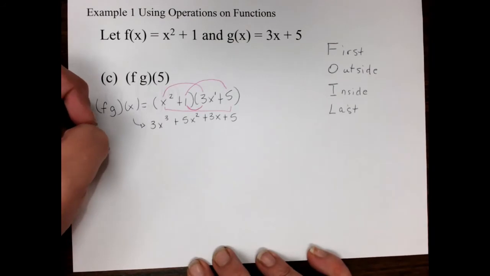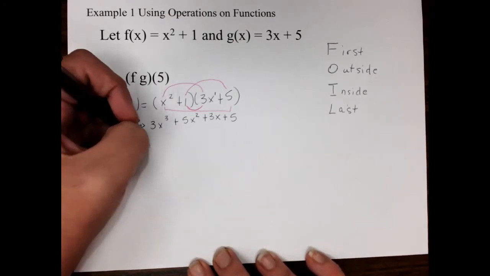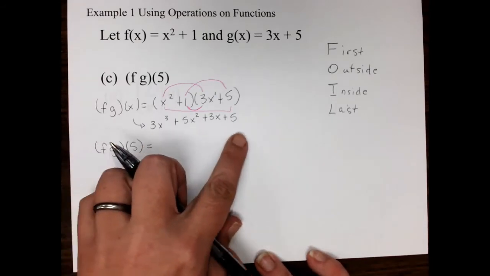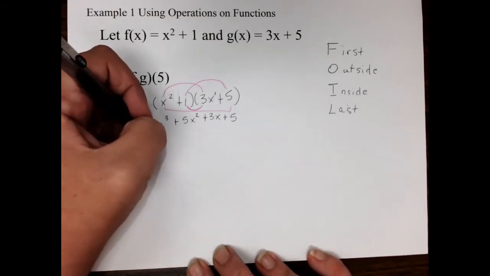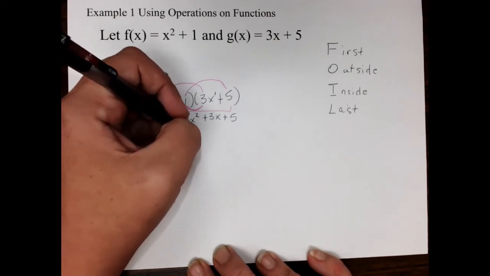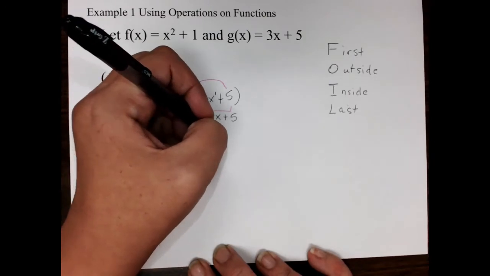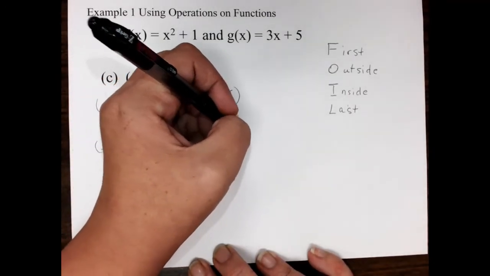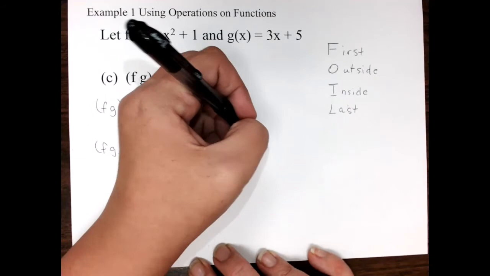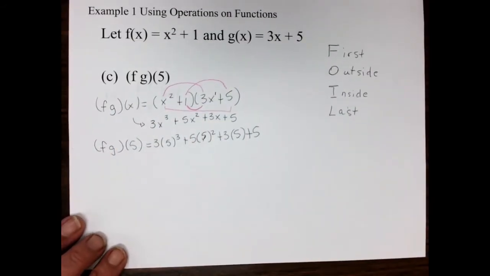Now let's go ahead and calculate f times g of 5, meaning let's plug in 5 everywhere we have an x. 3 times 5 cubed plus 5 times 5 squared plus 3 times 5 plus 5. I'm going to use my calculator to calculate this value.